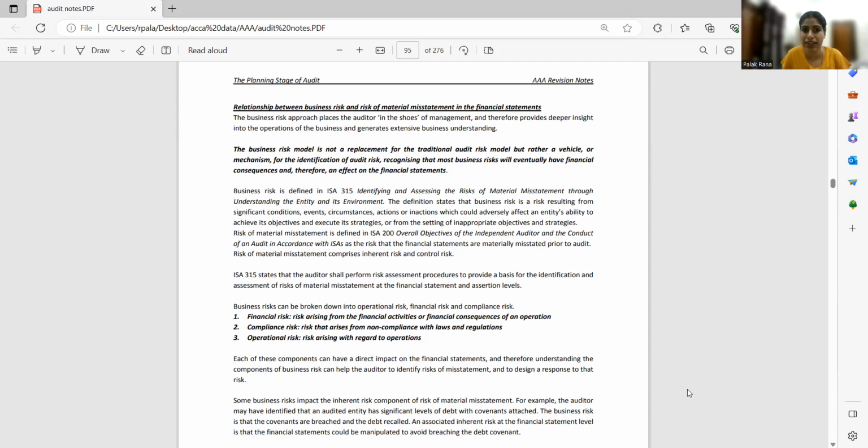either you or the auditor, when doing the audit of a company, has to imagine yourself as the management.